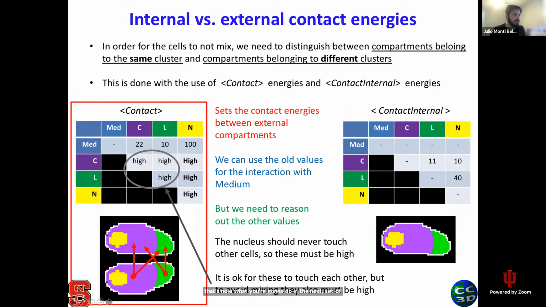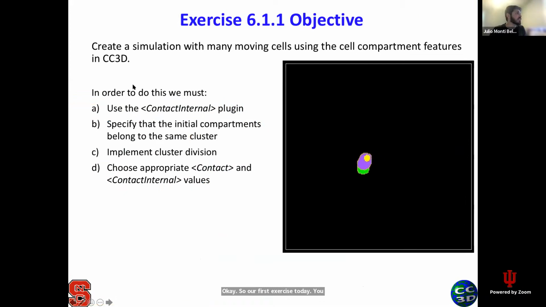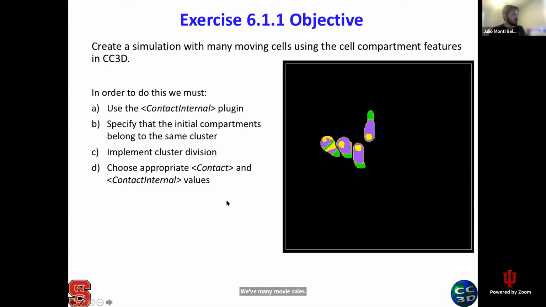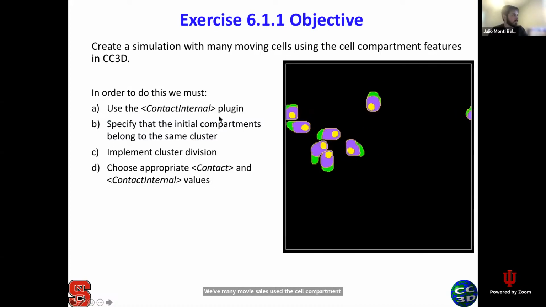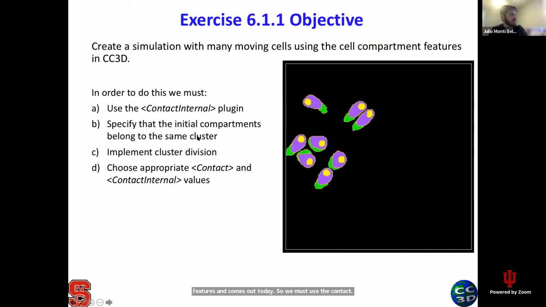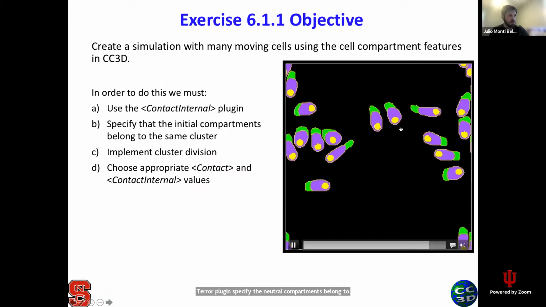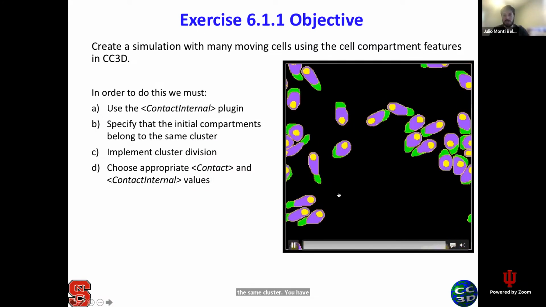Our first exercise today: let's create a simulation with many moving cells, using the cell compartment features in CC3D. We must use the contact internal plugin and specify that the initial compartments belong to the same cluster. If you want something that looks like this, you have to implement cluster division; there's a special set of commands at the Python level that makes your cluster cells divide.